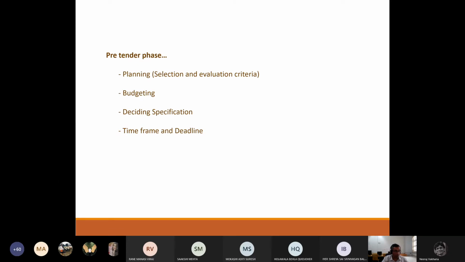So if you don't have your facts right, if you don't know your materials or your process right, if you don't know how deep you need to dig for a foundation, and you mention a different depth in your tender whereas your engineer wants you to dig to a very different depth, your project will go haywire at the very first step.